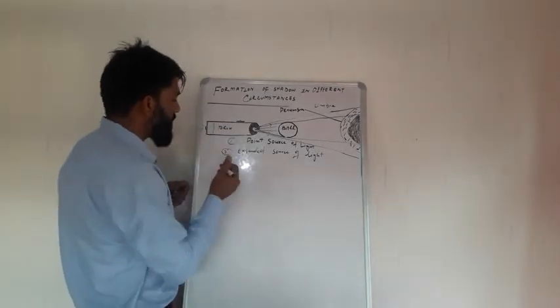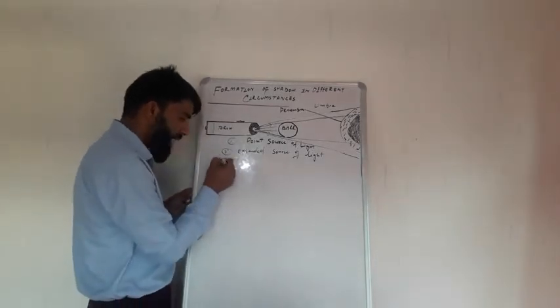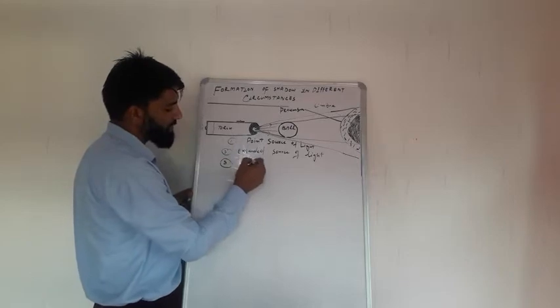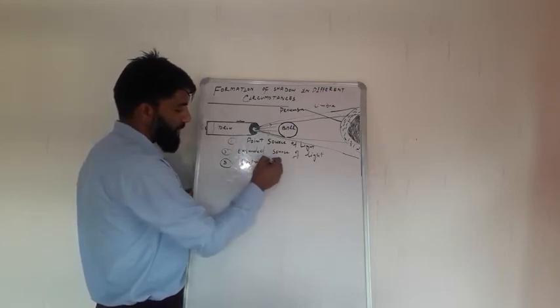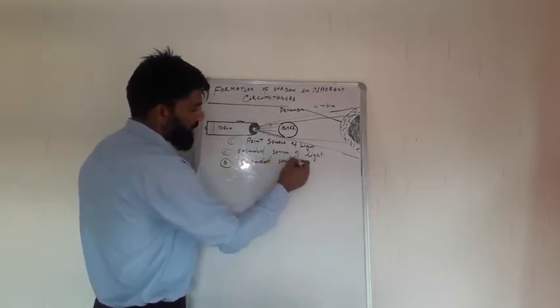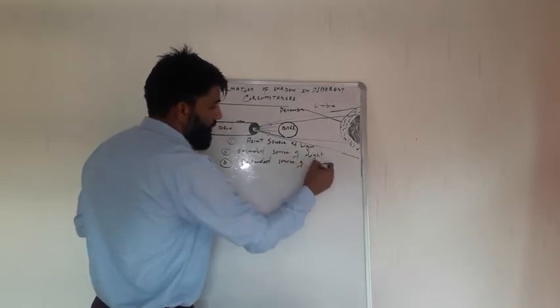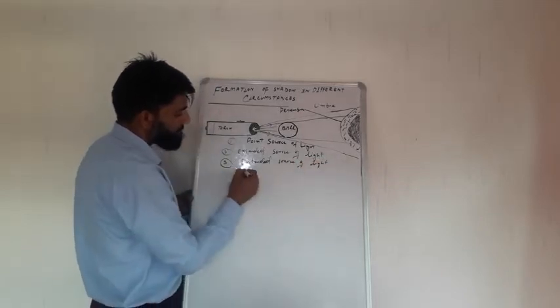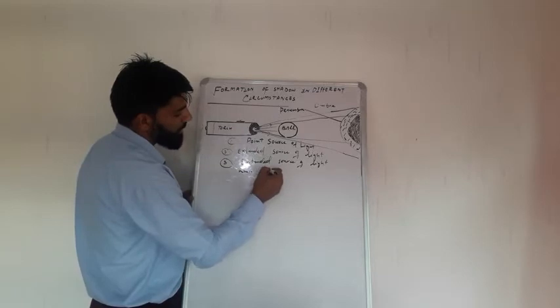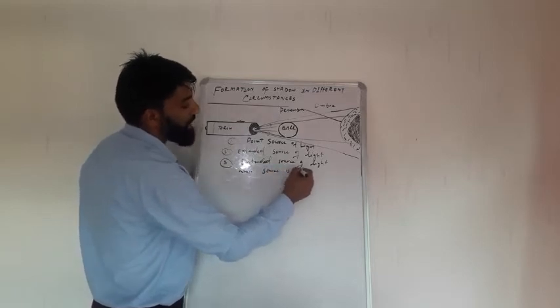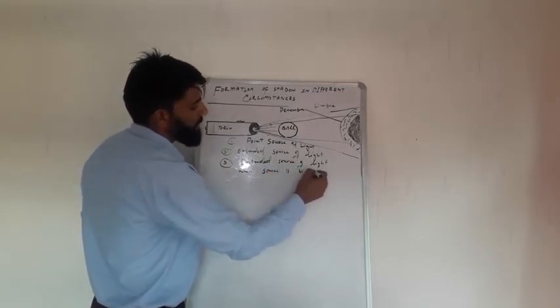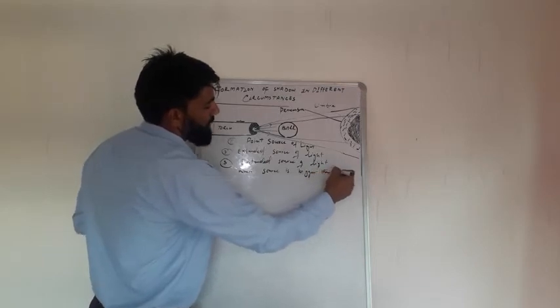Now, the third case is if an extended source of light is again used, but the source of light is bigger than the object.